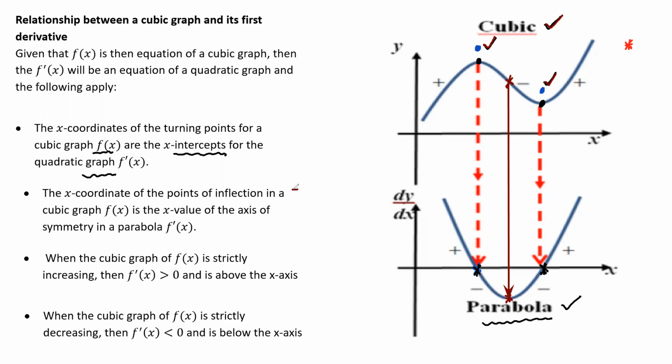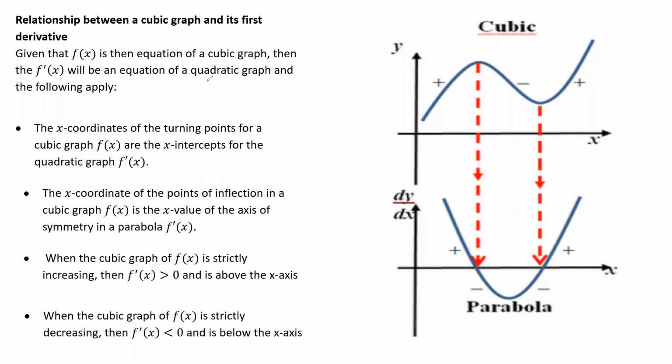This is my statement right here. The x-coordinate of the point of inflection in a cubic graph is the x value of the axis of symmetry in our quadratic, or our first derivative.